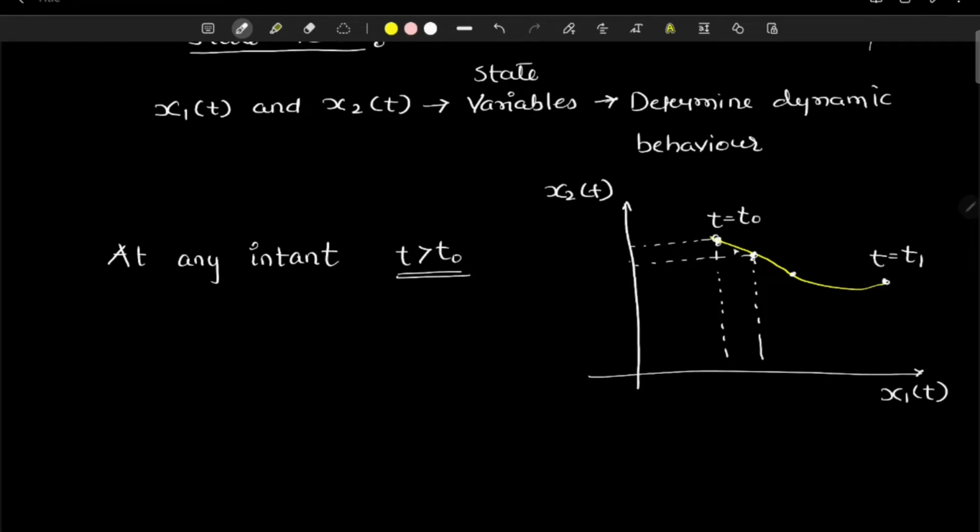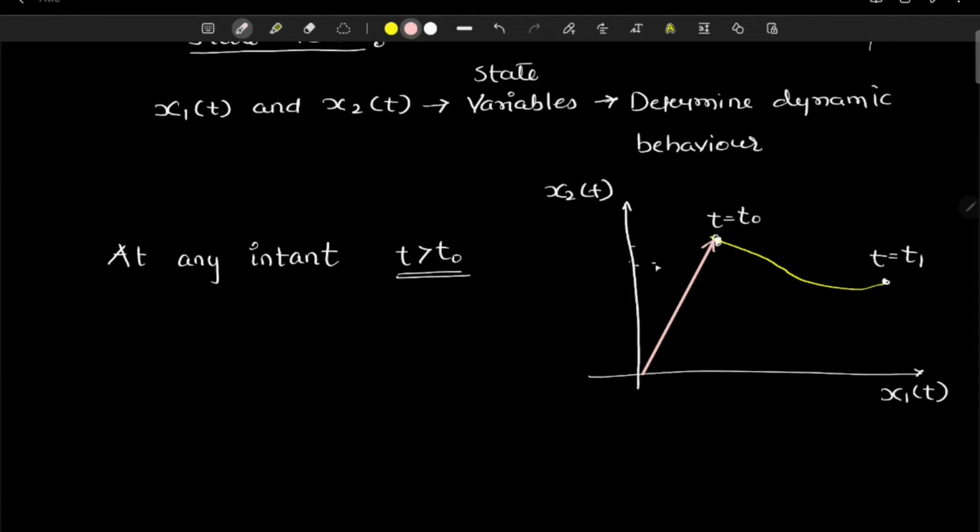So this plot traces a path, and at any instant, with the help of this path, you can determine the state of our control system. Now I'll remove this. Suppose at t is equal to t naught, you will get some state vector.